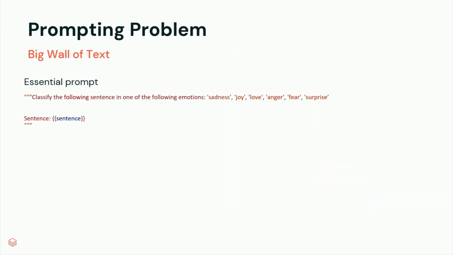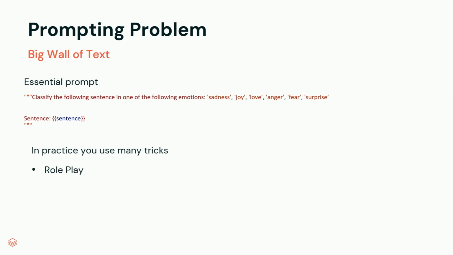Prompting has an inherent problem, what I call the big wall of text. You start with a very simple, very essential task, and it tends to work okay at the beginning. So this is a sentiment classification, and a very simple phrase will do at the beginning. But then you crash with reality and you start seeing examples that don't quite work.